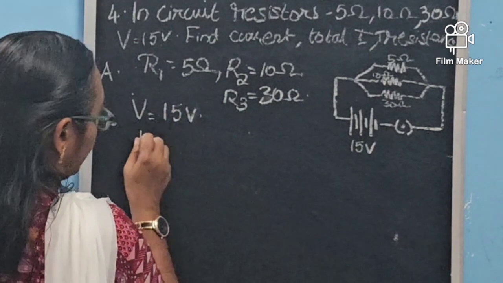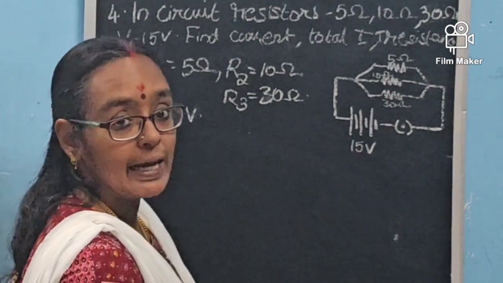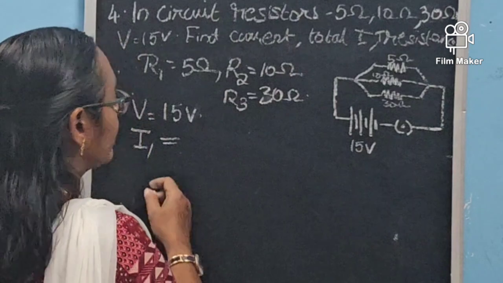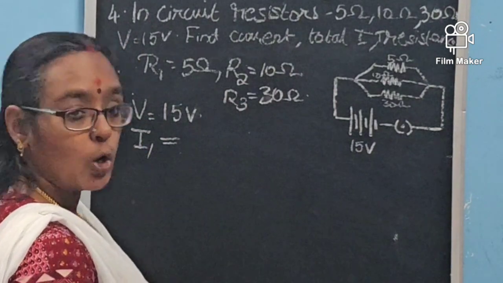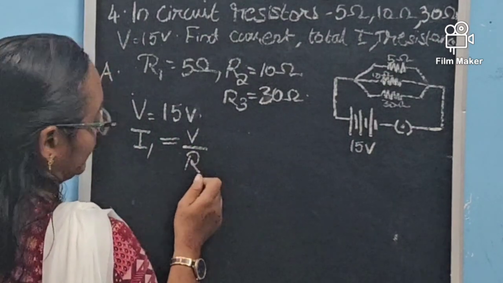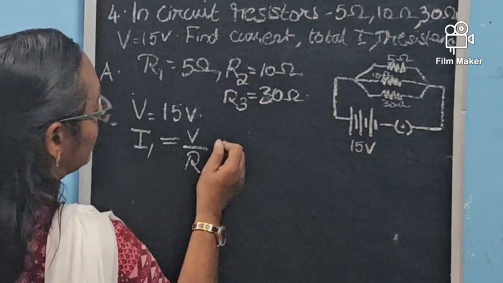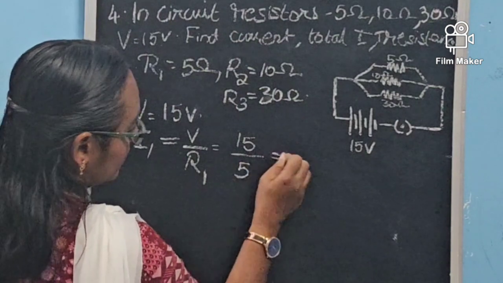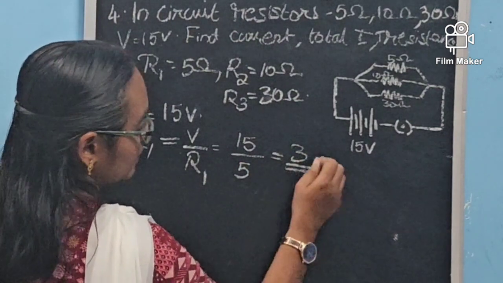How can we find I1? It is based on Ohm's law. Ohm's law states I is equal to V by R. So V by R1 will give you I1. So what will that be? 15 divided by 5 is 3 amp.